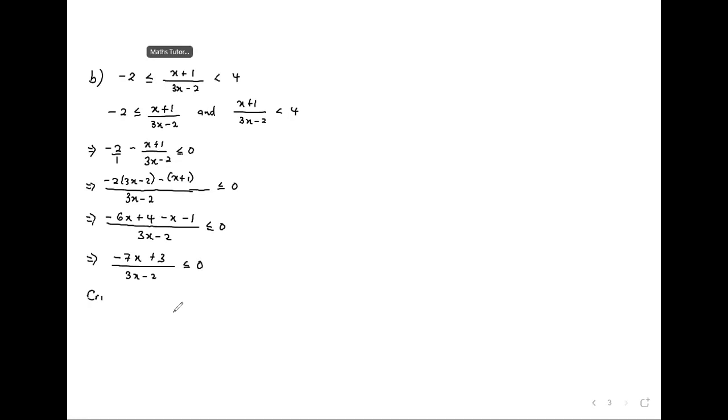Then get the critical values. -7x plus 3 is equal to 0, giving us x is 3 over 7. Also 3x minus 2 is equal to 0, giving us x is 2 over 3.